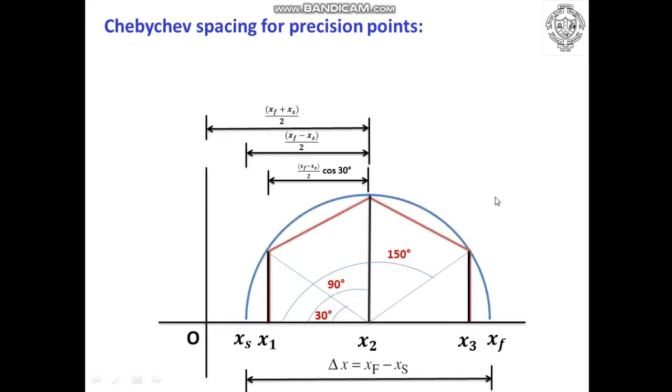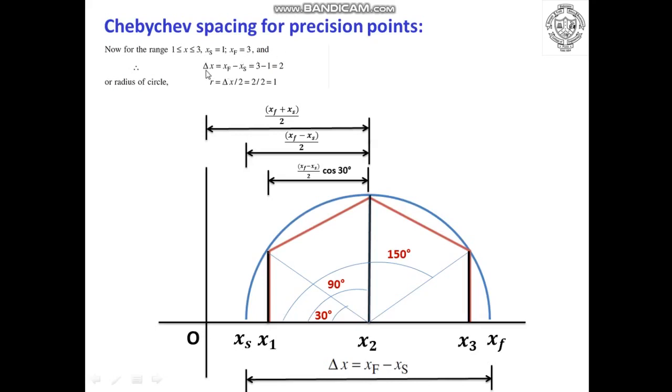So now let us go for finding out the values of x1, x2 and x3 by taking one example. Let us consider the range of x, starting from 1 to 3. So we will consider xs as 1 and xf as 3.